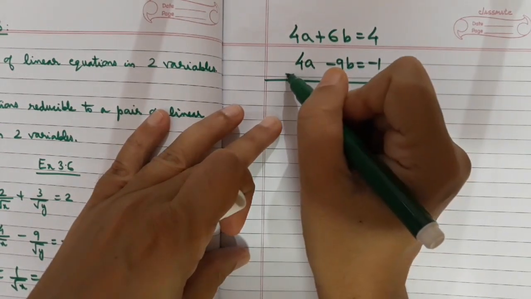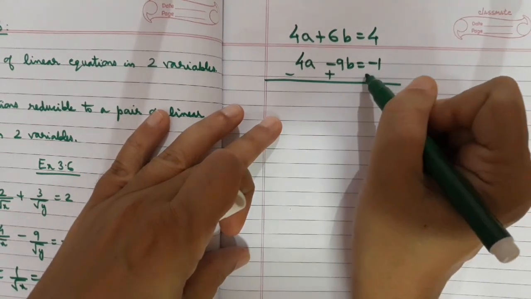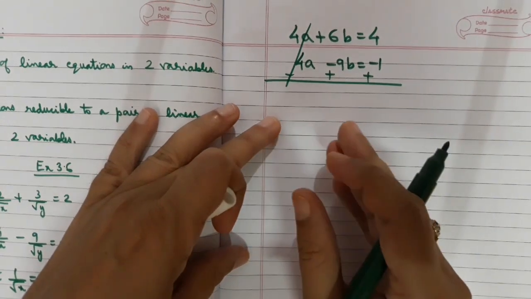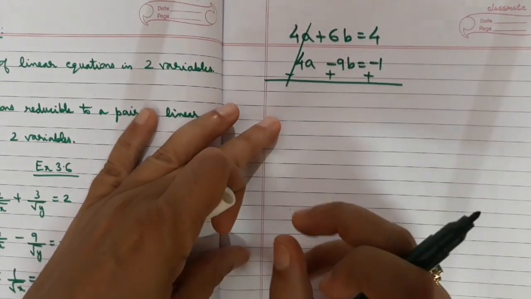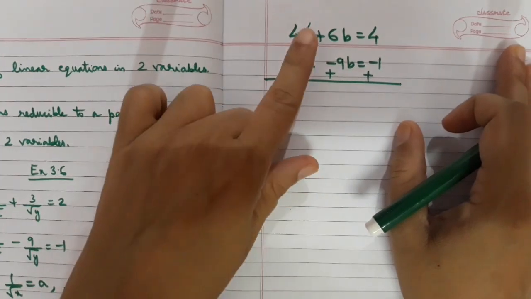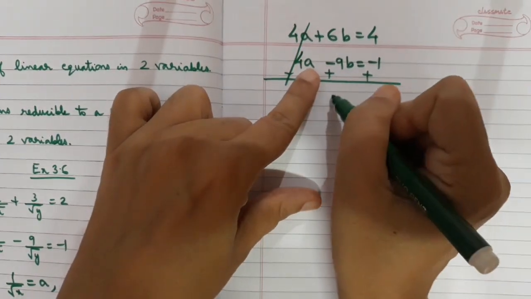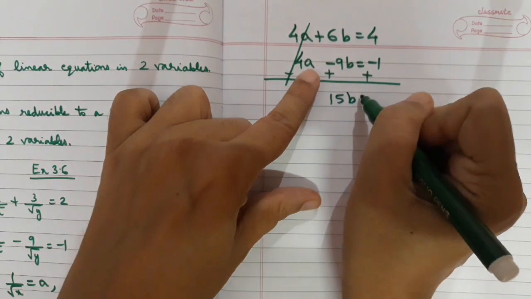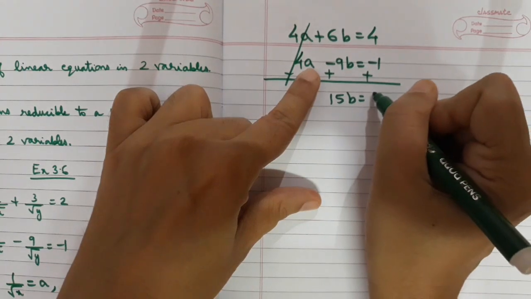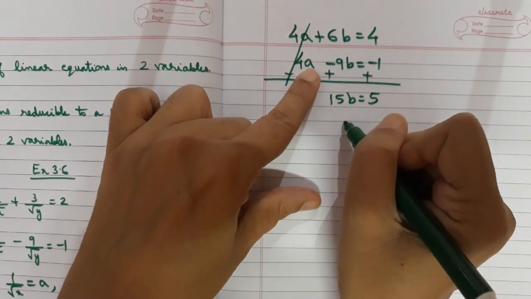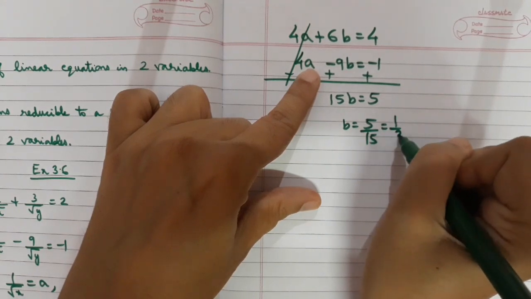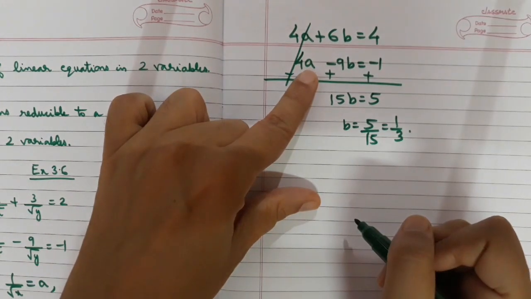So on subtraction this becomes minus, plus and plus. 4a and 4a get cancelled, so one variable is eliminated, and now we can find the value of the other variable. So 6b plus 9b gives me 15b is equal to 4 plus 1, which comes out to be 5. So from here the value of b comes out to be 5 by 15, that is 1 by 3.